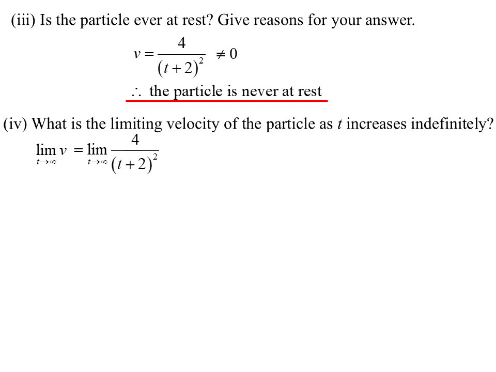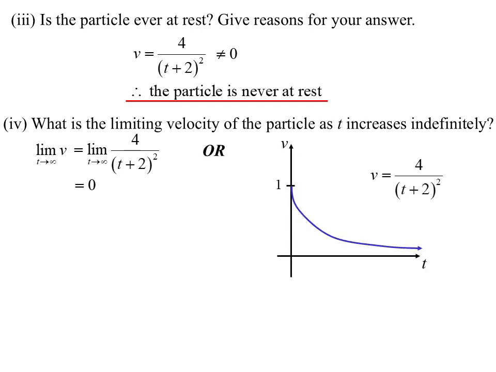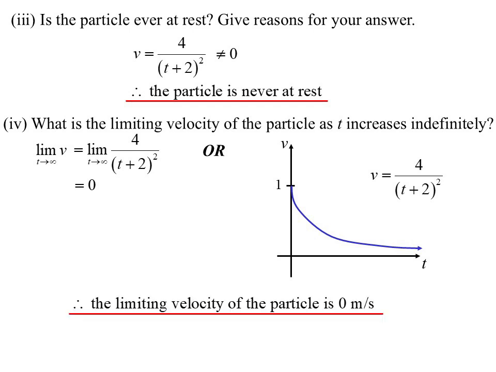That again will equal 0, because when we substitute in infinity, not that you can actually substitute in infinity, but when it's on the bottom of the fraction, that's going to end up with 0. Another way I could do it is I could think of the graph itself. If I was to draw the velocity graph, but just for positive t, it would look something like that, because it's hyperbolic going down there, and I can see from my graph that that's approaching 0. So again, I get the same answer.